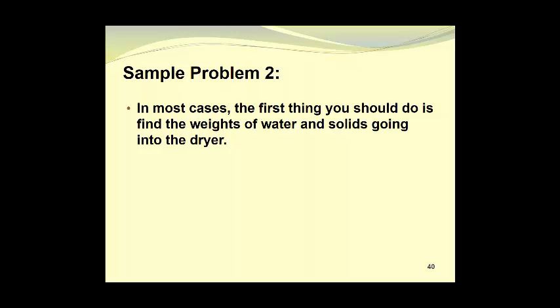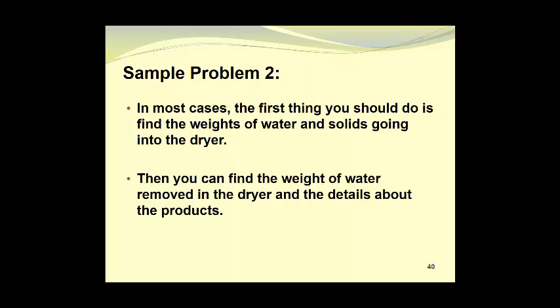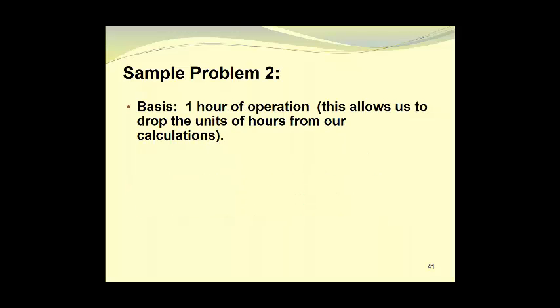In most cases, the first thing you should do is find the weights of water and solids going into the dryer. Then you can find the weight of water removed in the dryer and the details about the products. Let's base our calculations on 1 hour of operation. This will allow us to drop the units of hours and perhaps simplify things somewhat.